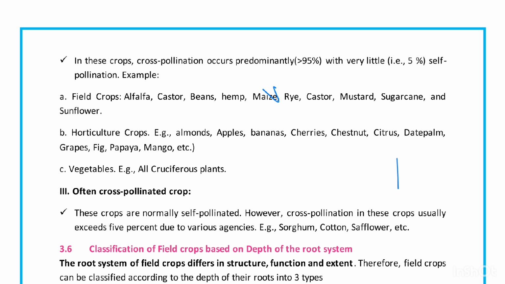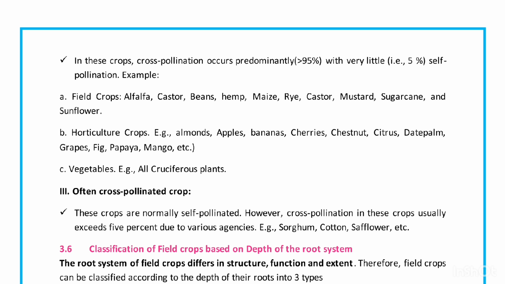In one plant we have both male and female parts, so it is called a monoecious crop. If any crop has both male and female type of flowers present in one plant, that is called a monoecious plant.